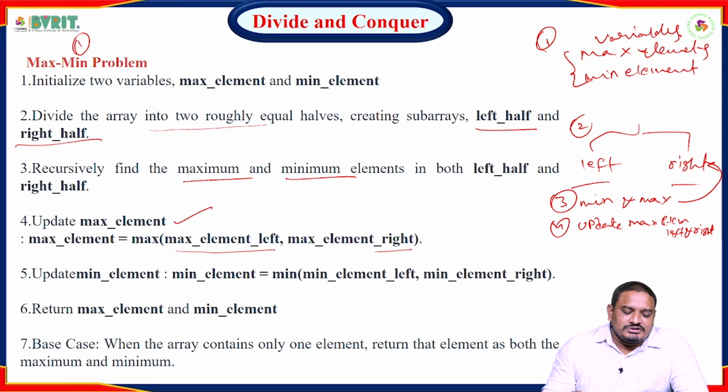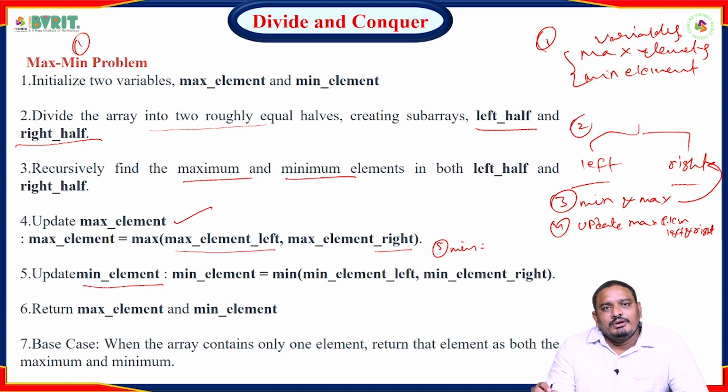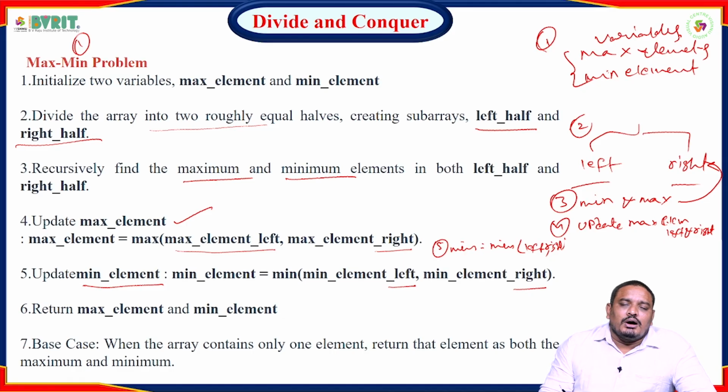Next, the fifth step is to update the minimum element. How do we update the minimum element? It is the minimum of the minimum of left and the minimum of right. Next, also return the maximum element and minimum element.